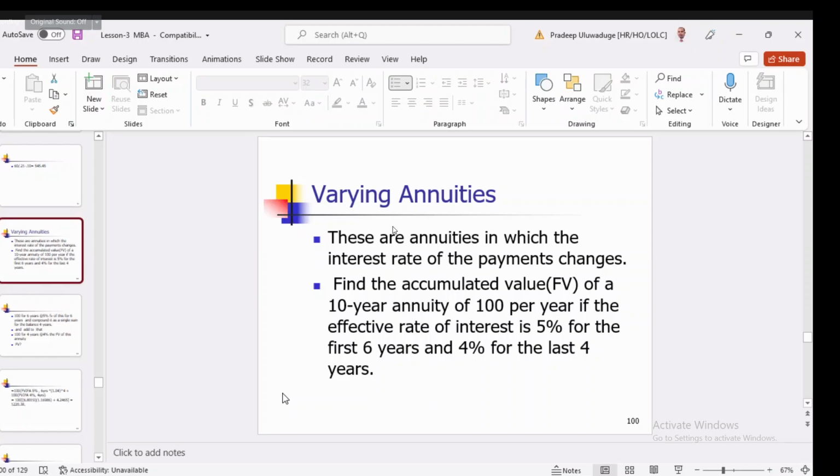First of all, we calculate the future value of 100 at 5% for the first 6 years, right? Then from the sixth year, we compound it for 4 years as a single sum of money, compound it for 4 years in the future. And the balance 4 years, you calculate as the future value of an ordinary annuity for 4 years. Right? And add those two figures together to get the future value of this annuity.